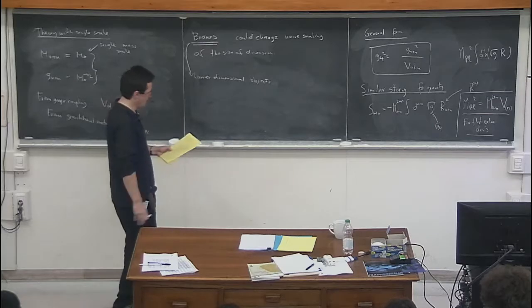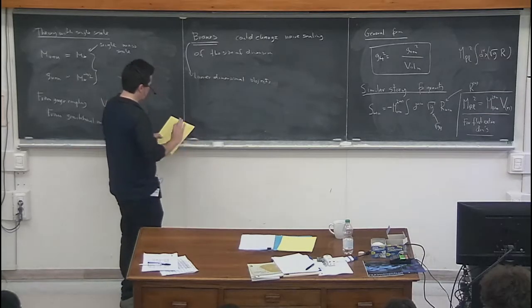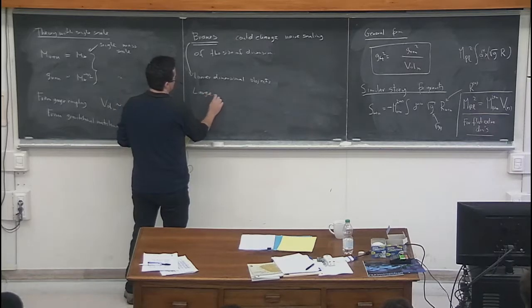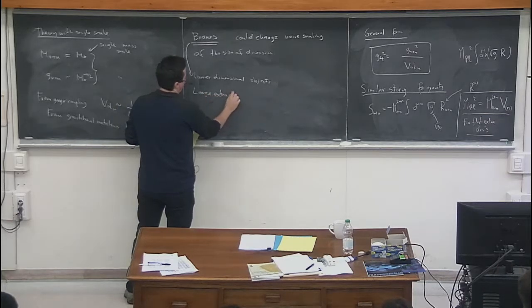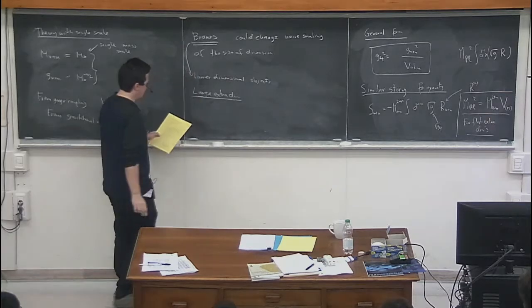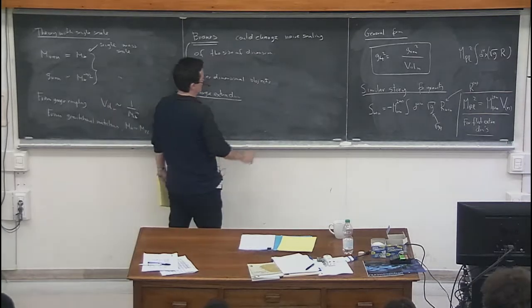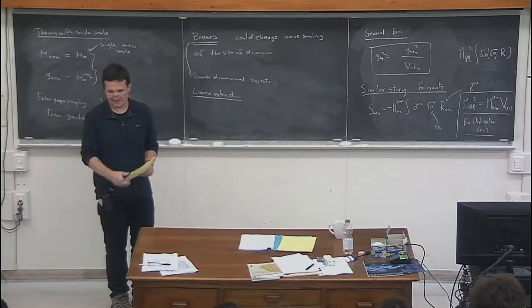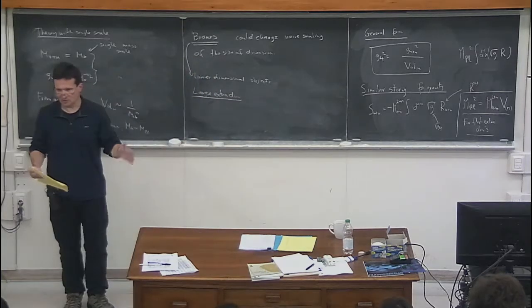Yes, and in particular, the first proposal that people got really excited about, that's the one that I will not talk about very much, is called the large extra dimension. In that case, the assumption was that our standard model is completely stuck to a so-called 3-brane.